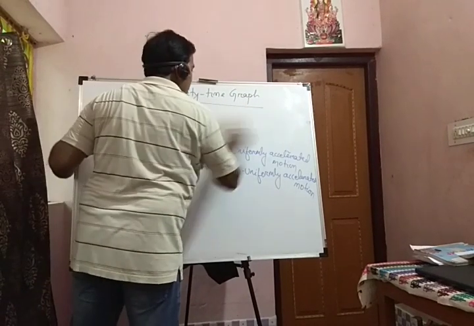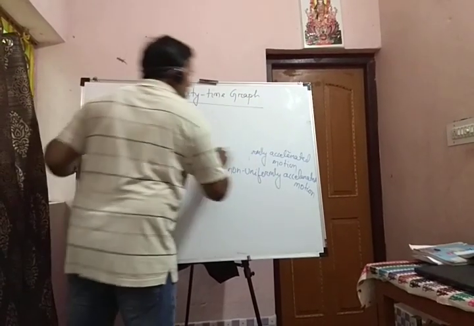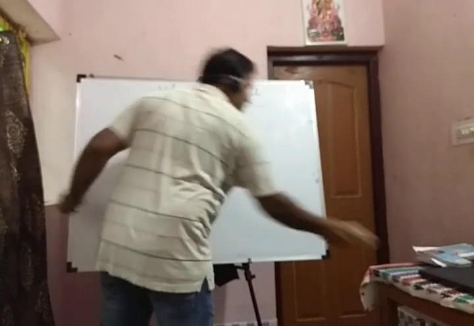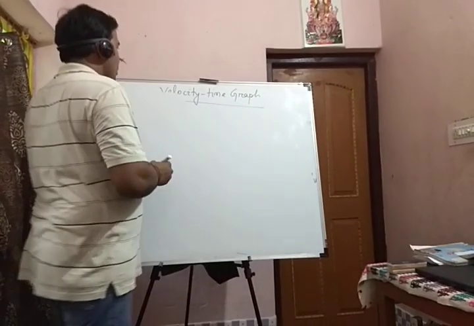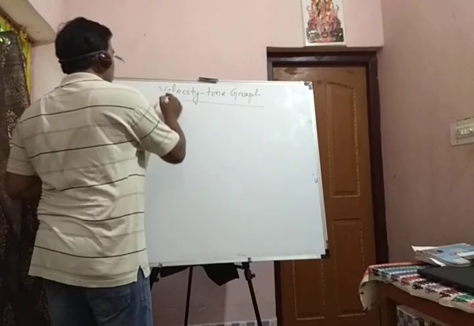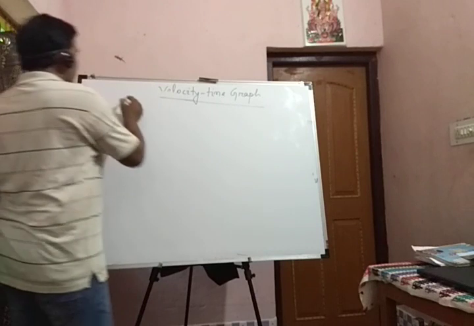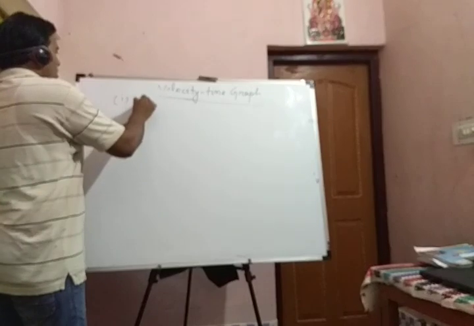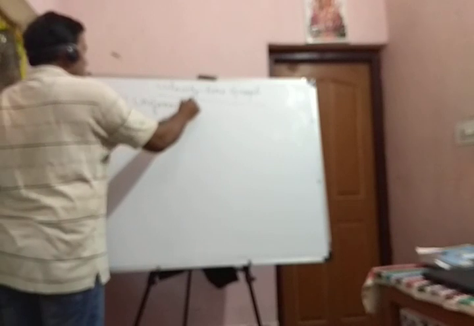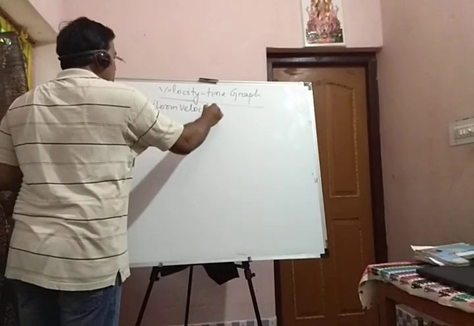First, the VT graph for uniform velocity. Listen, what is uniform velocity?